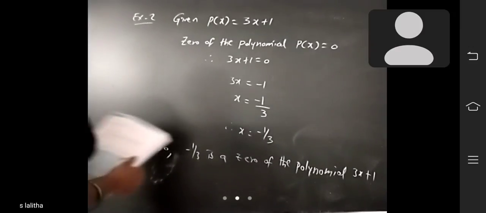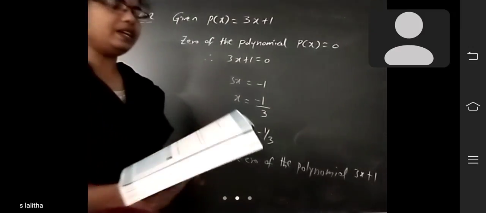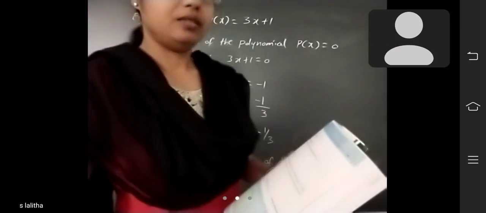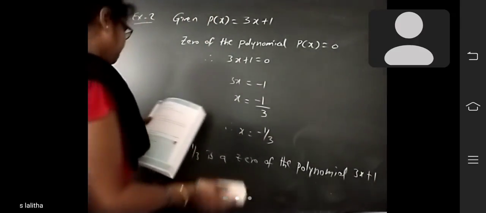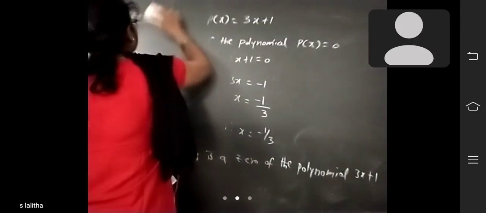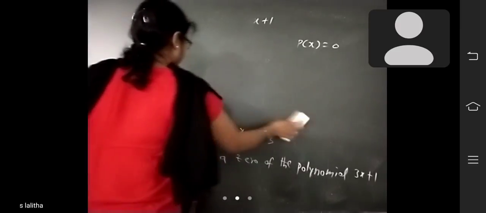Next example 3, same as this only. Find a 0 of the polynomial 2x minus 1. So here also you have to find a 0 of the polynomial. What is given?